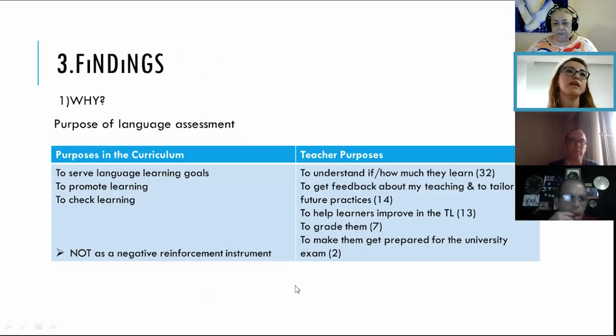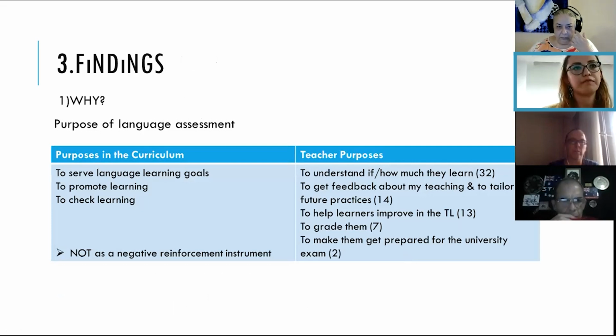Okay. Now the most important part, findings. In the why dimension, with the purpose of language assessment, here I listed the teachers' purposes to assess their learners. 32 teachers reported, I assess my learners to understand how much they learn.